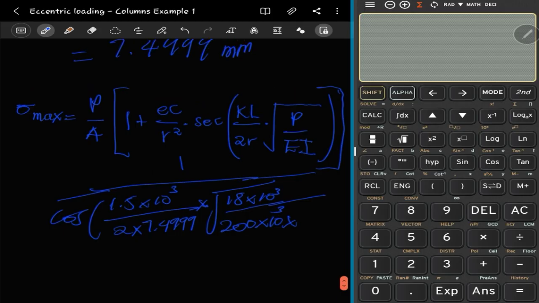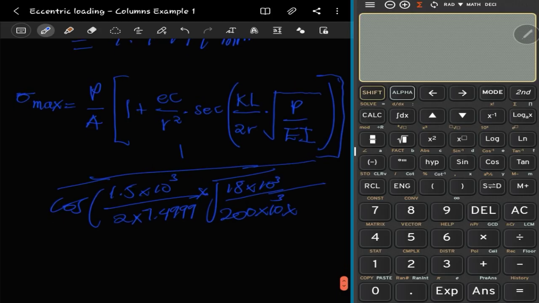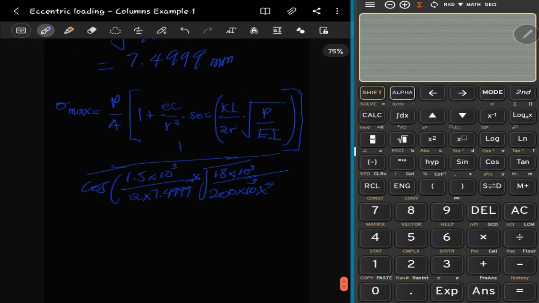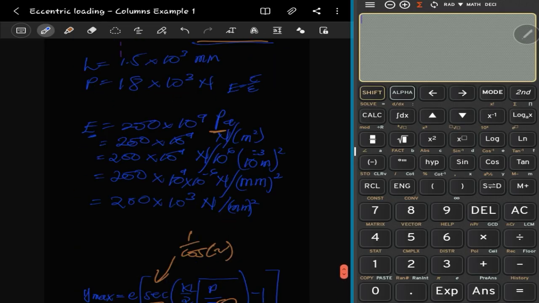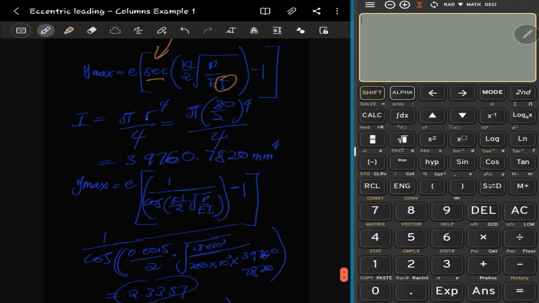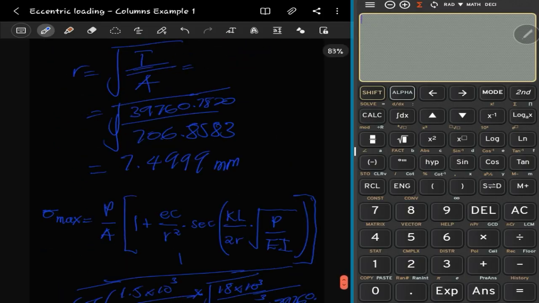Let's see if we can push that somewhere. 39,760.7820. Yes, so that's it.